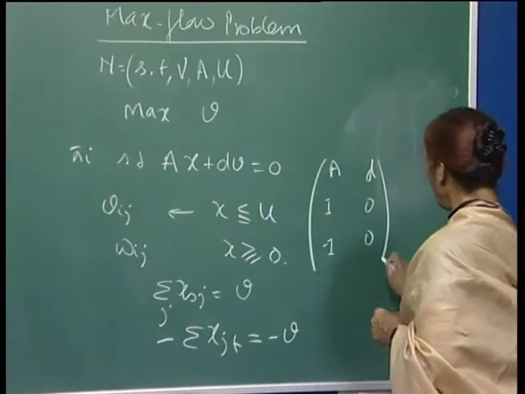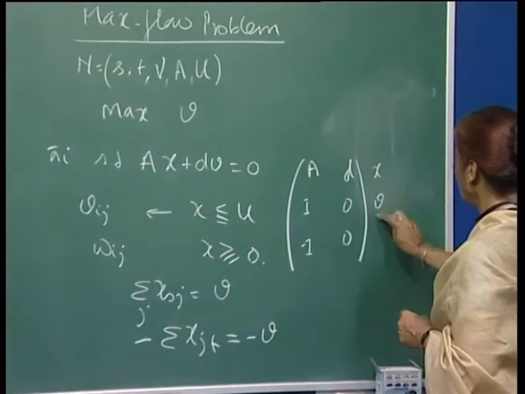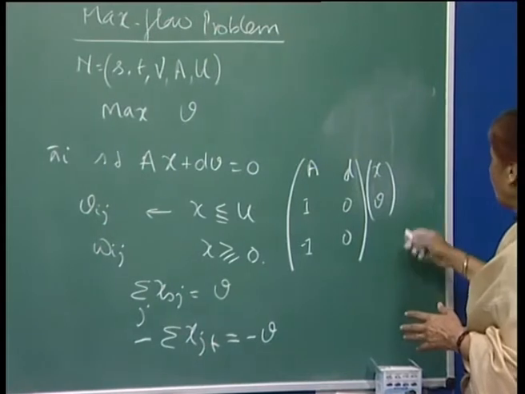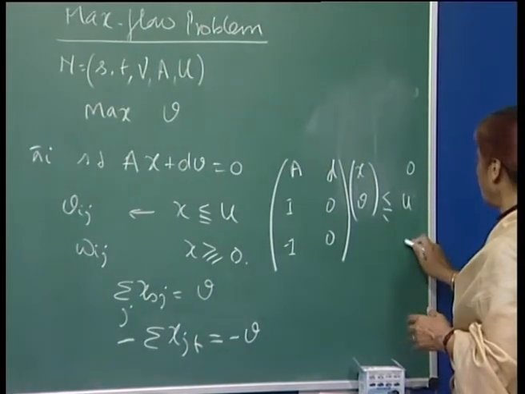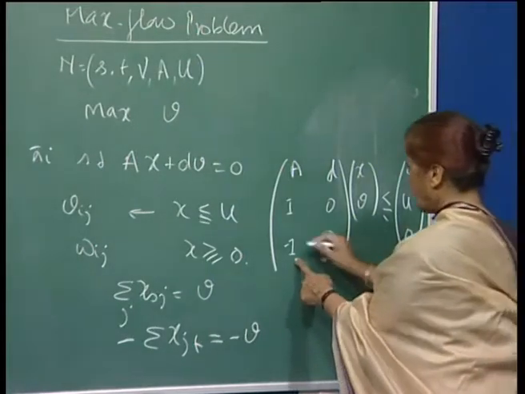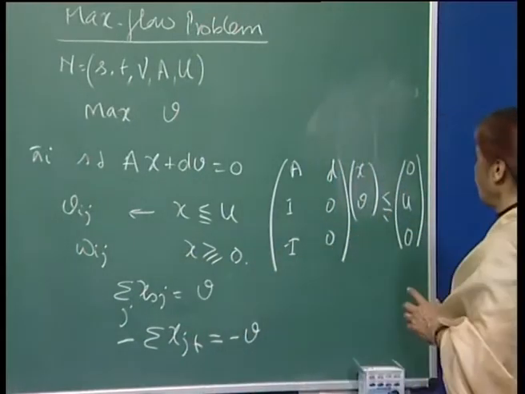So this is your matrix, and you have here x and V. So this is a singleton, this is the n dimensional vector. So this is what you have, right, and this is less than or equal to 0, u and 0, and I am writing minus I because I am writing this as minus x less than or equal to 0, right. This is what you have.